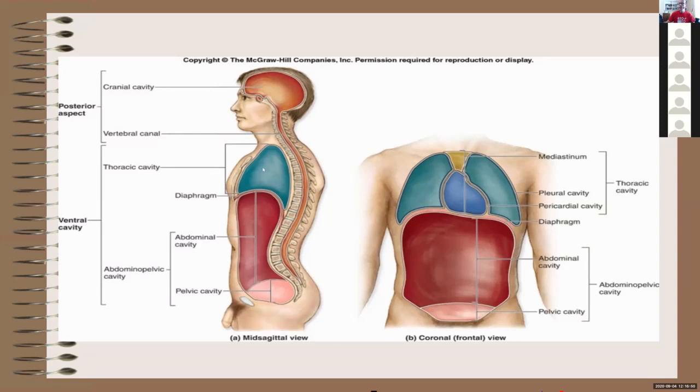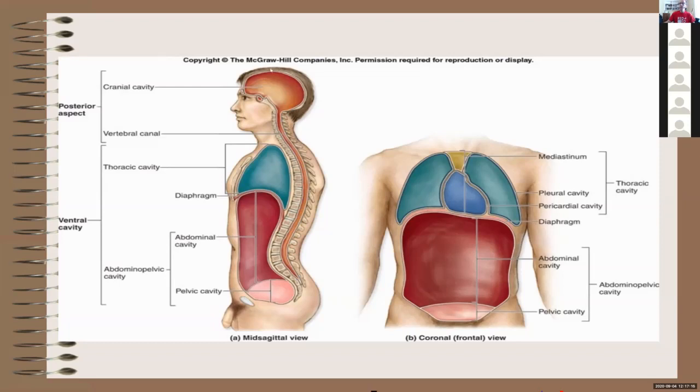But you can see we have up here, this is the posterior aspect. Remember that word posterior refers to the back. And in the back, we have basically two parts of a major cavity, which is known as the cranial cavity. It also extends down into the spinal cavity.